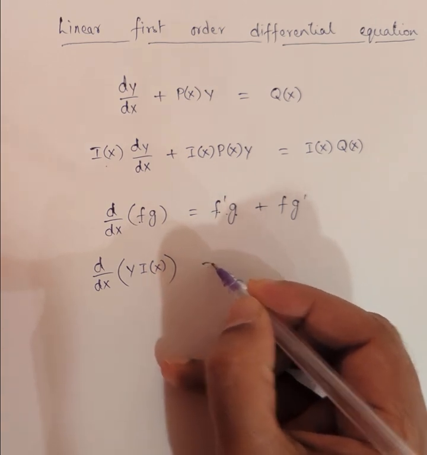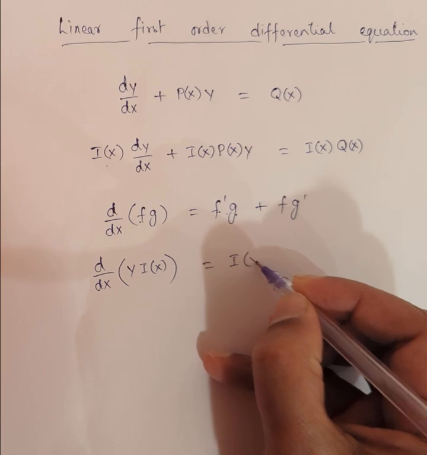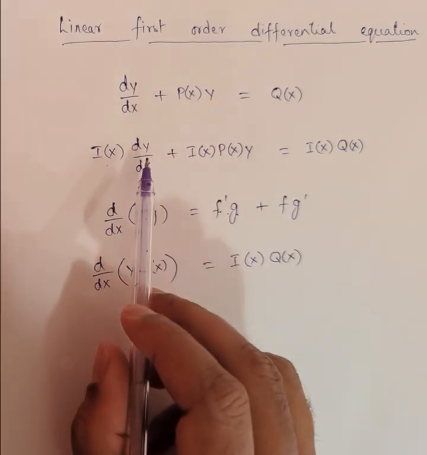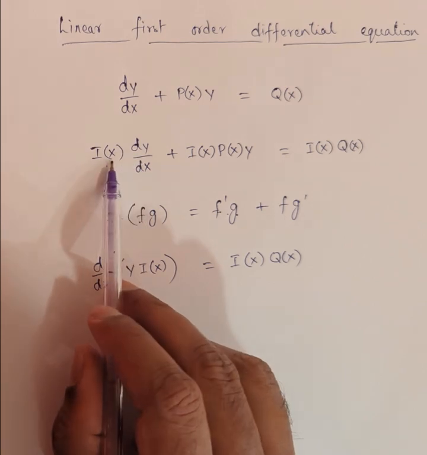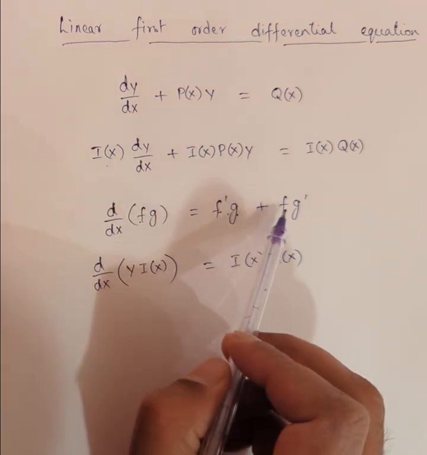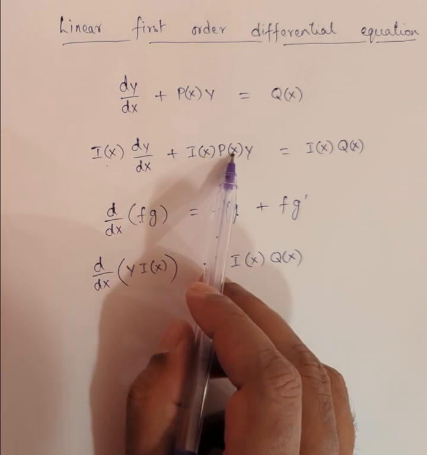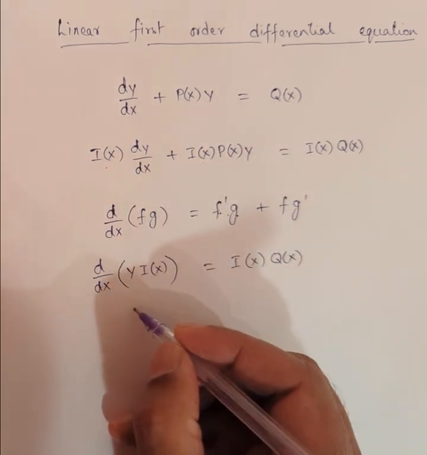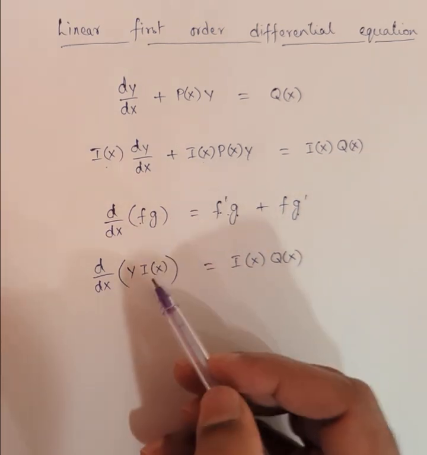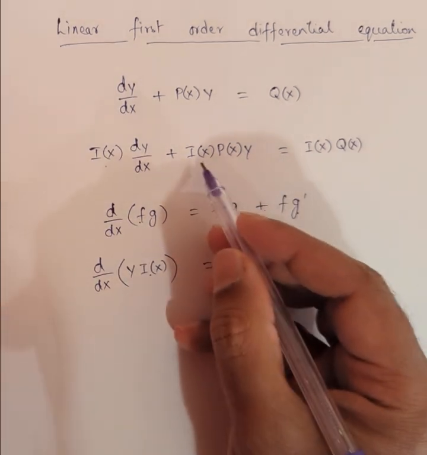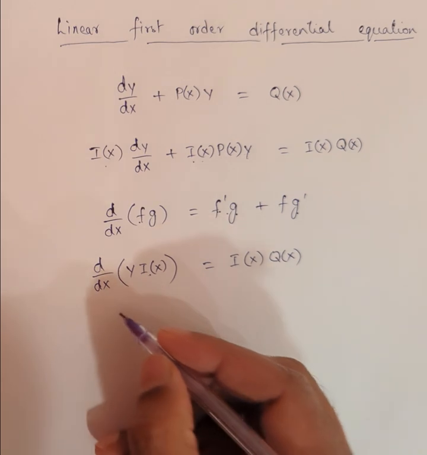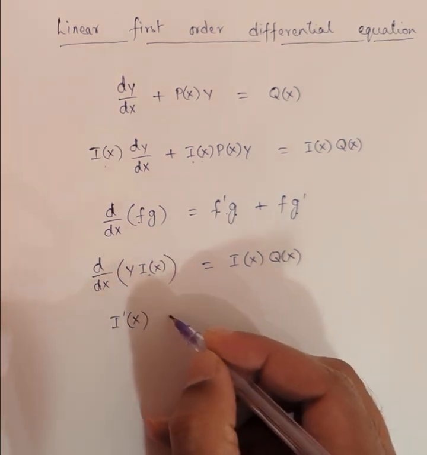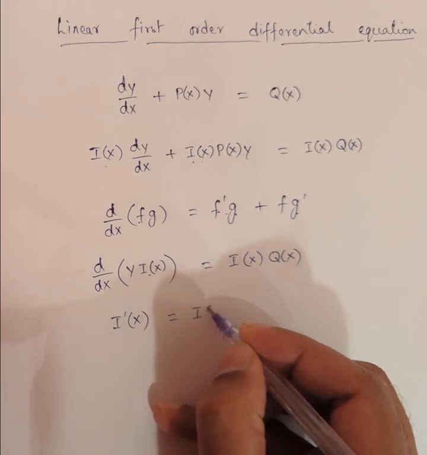And that I want to say is I of x q of x. So this is f prime and this is g. And also notice that f is y. So g prime is this. So the derivative of I, g was I. So g prime is I of x p of x. So I want to see the derivative of I is I of x p of x.